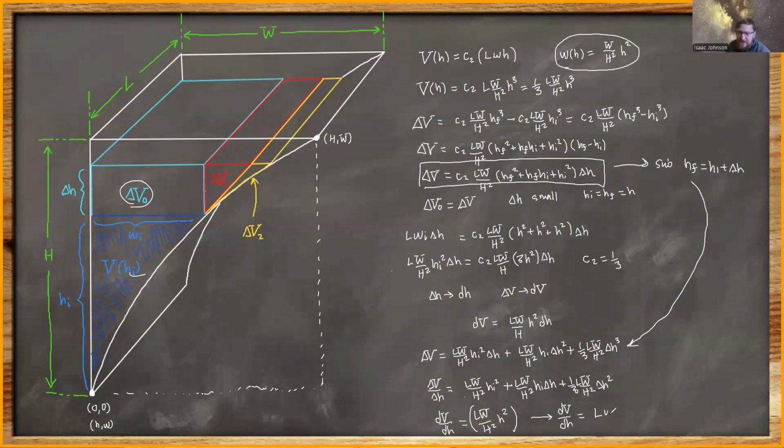Yeah, it's just length times W is a function of H. What could we call that? On the picture over here. Like our area. Yeah. This is your cross-sectional area at some height.